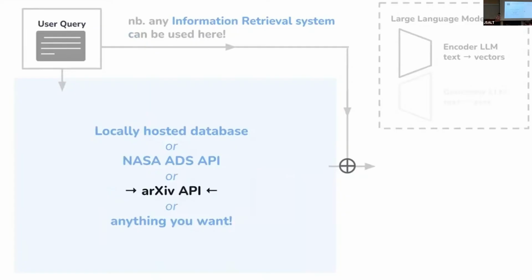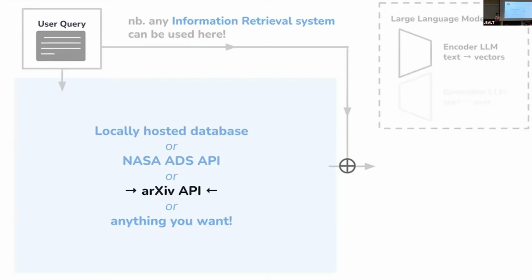The reason I bring this up now is because everything in this blue box, your IR system, really can be whatever. In the case of the lab in the afternoon, we're going to talk about using the arXiv API. The arXiv API provides an endpoint, a REST interface, where you can launch query terms into arXiv and grab paper abstracts and other metadata.